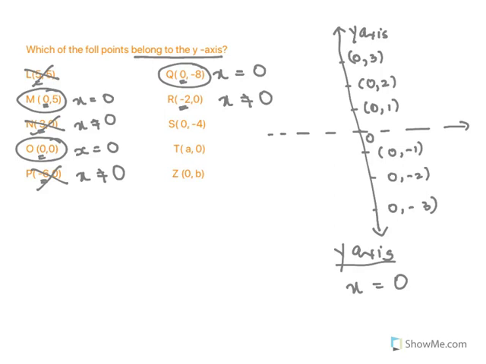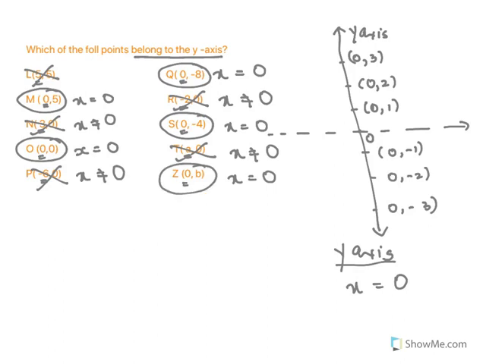X is not equal to 0, so it does not lie on the y-axis. Next one, we have here x equal to 0, so it lies on the y-axis. Next, here again, x is not equal to 0, so it will not lie on the y-axis. Here x is equal to 0, so it will lie on the y-axis.